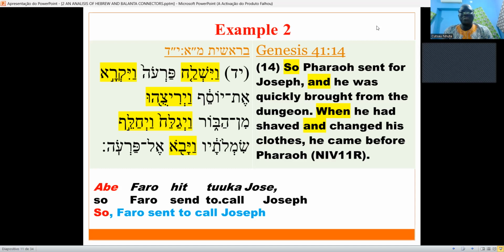So Pharaoh sent for Joseph, and he was quickly brought from the dungeon. When he had shaved and changed his clothes, he came before Pharaoh.